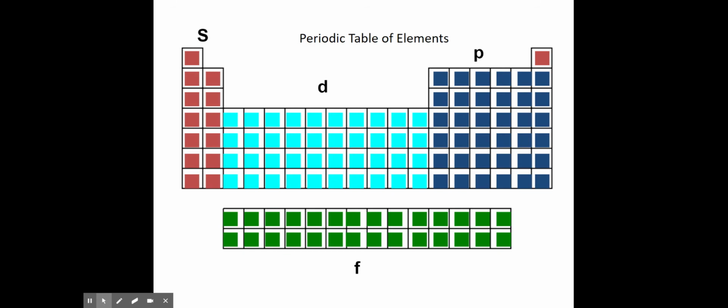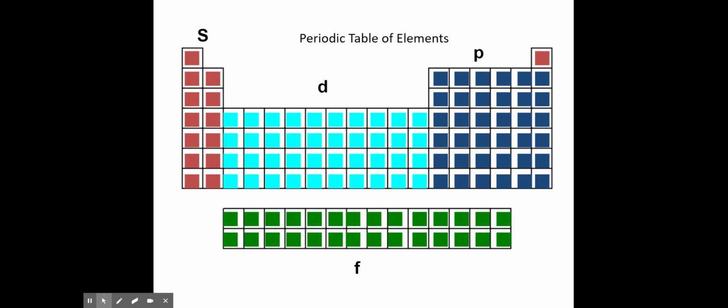So these elements on the right column, including helium, are called the noble gases because they have no interest in reacting with other elements, gaining or losing electrons, sharing. No chemical reactions would normally take place between those noble gases and anyone else on the periodic table.